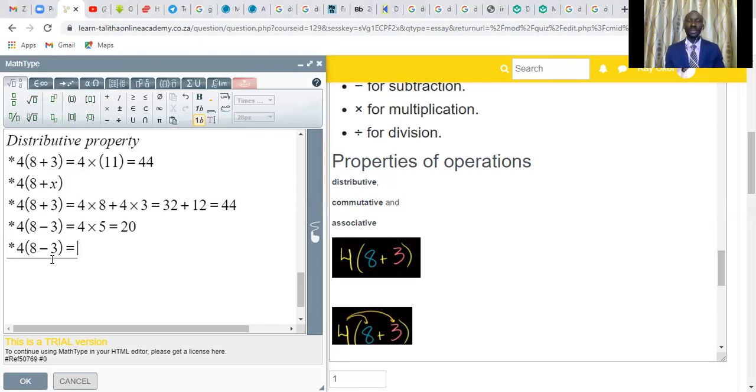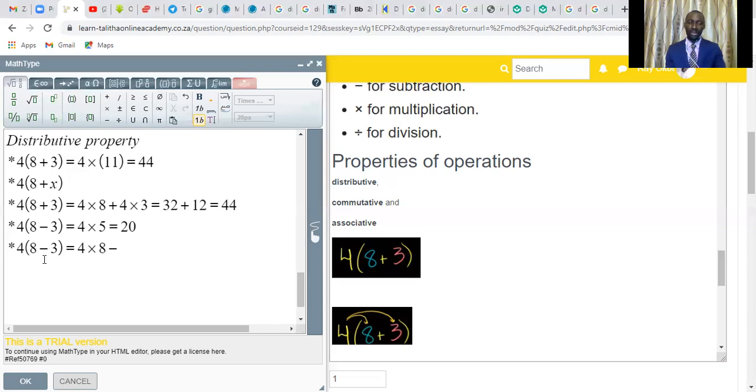Well, let's check. So now for this case, we have 4, and this 4 is going to be distributed onto 8 and then later onto 3. That means we have to multiply 4 by what? By 8. And then, wait a minute, before we distribute 4 onto 3, remember there is a minus sign here, so we have it there.